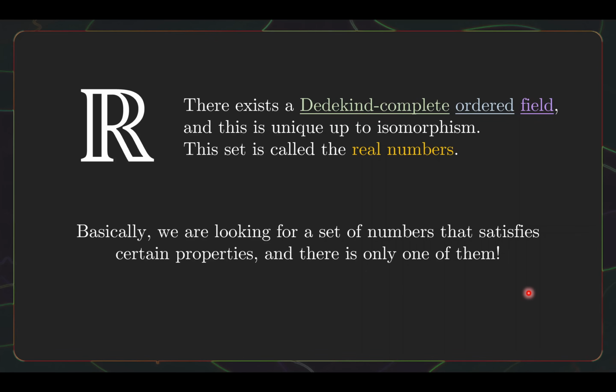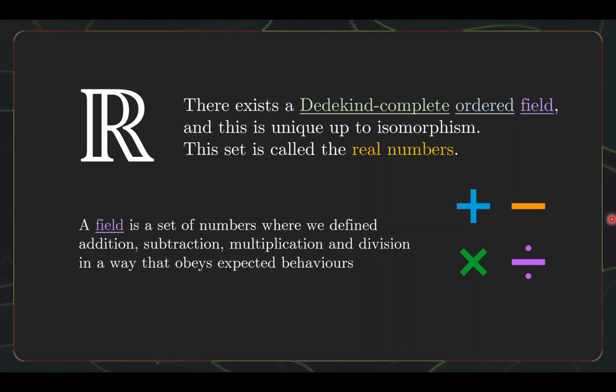So fundamentally, what boils down in the description of real numbers is the properties that we want this set to have. Therefore, it's very important for me to explain what these three terms mean, starting with the idea of a field. Okay, so this is the first property that we want our set to have. A field is a set of numbers where we define addition, subtraction, multiplication, and division in a way that obeys certain expected behaviors.